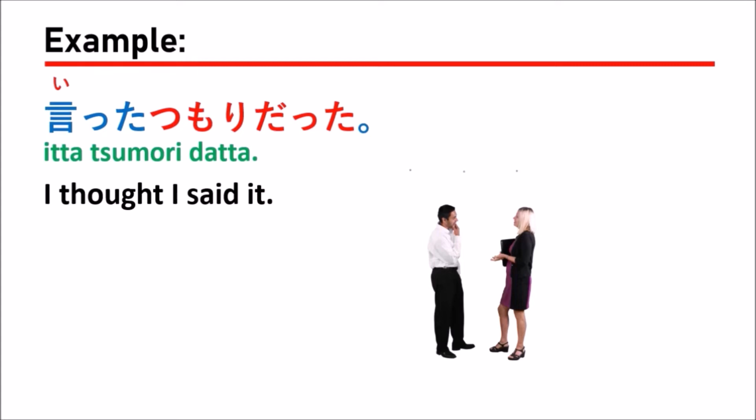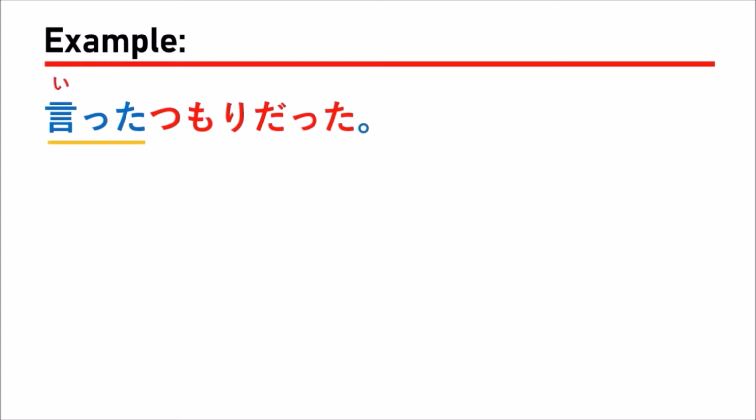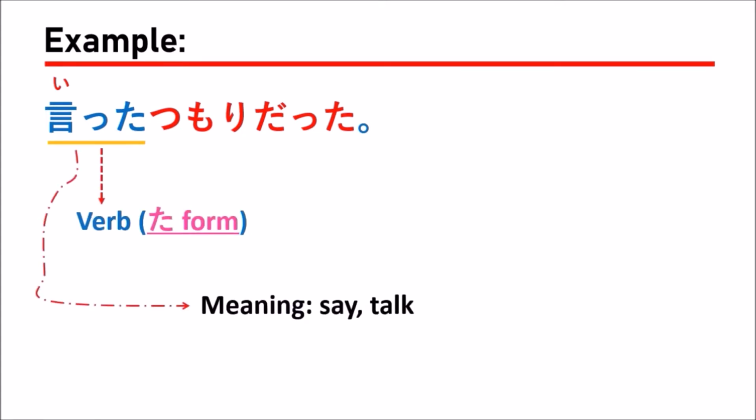What about the grammar in here? We have itta. Itta is the verb in the past tense form, and it has the meaning of say or talk. In the past tense, it means somebody already talked that story to you.